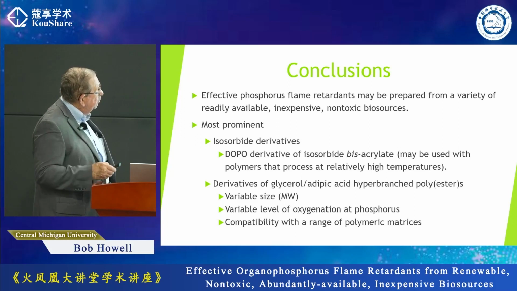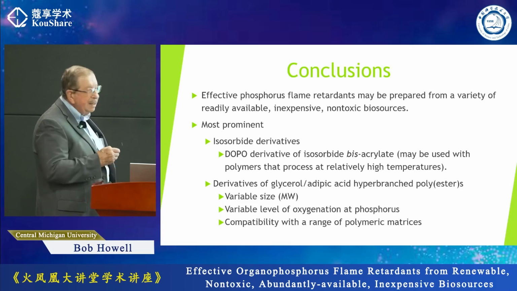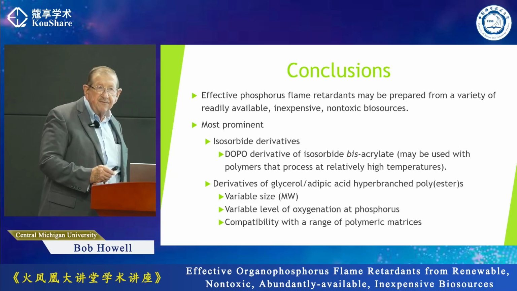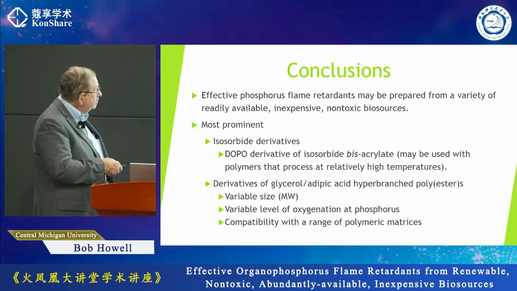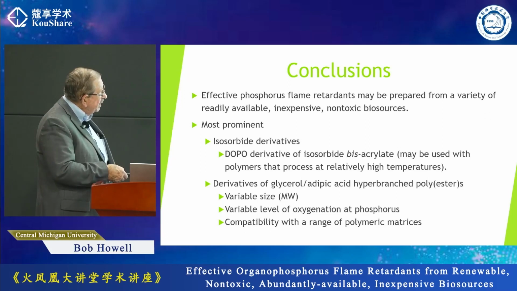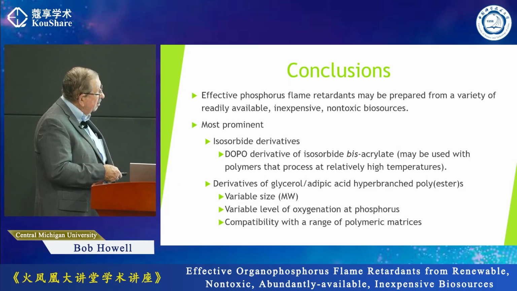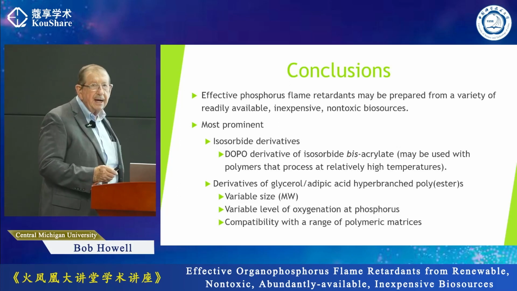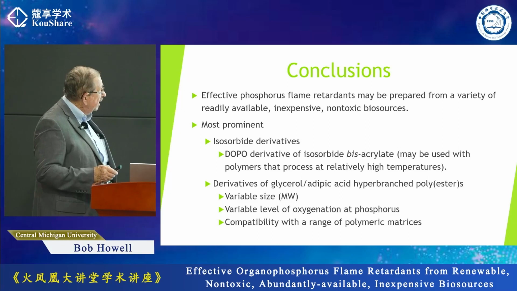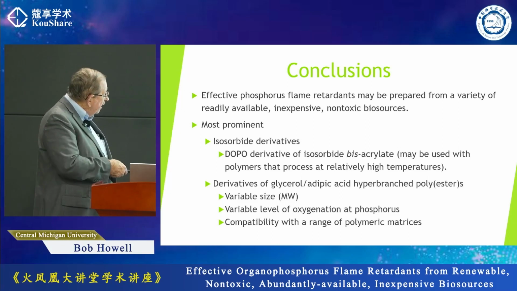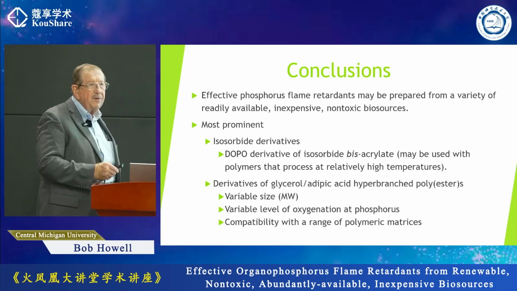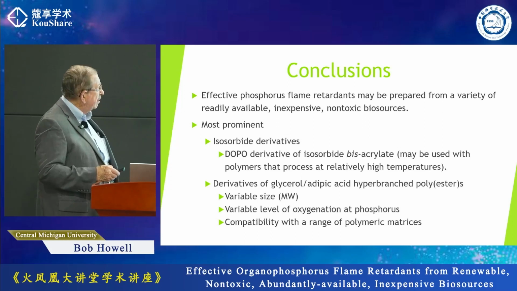And so particularly the one from DOPO degrades thermally at a fairly high temperature, and so can be used with those polymers that process at high temperature. The one that has the best potential is the derivatives of the glycerol adipic acid hyperbranched polyesters. You can make variable molecular weight, so variable size.